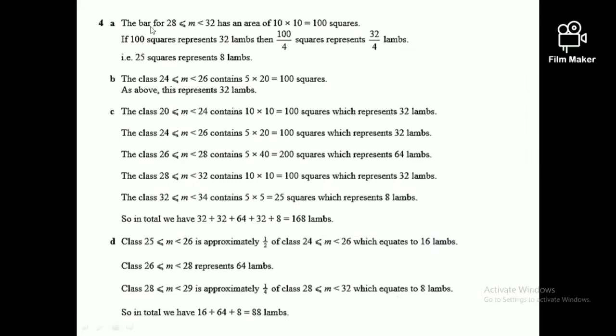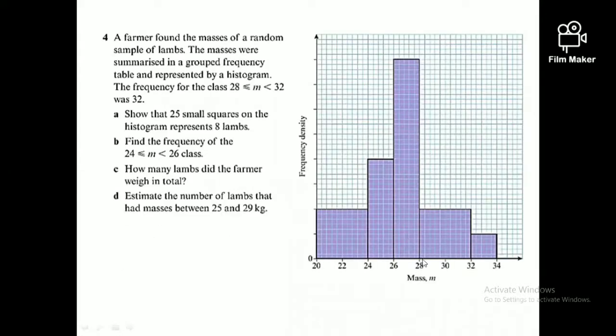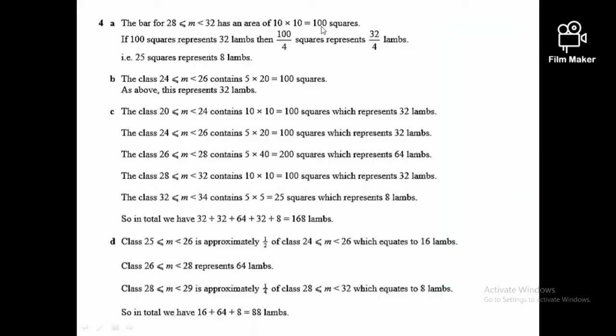Part A. They mention for the bar of 28 to 32, the area is 10 into 10. Here you can see, here to here there are 10 boxes, and here to here there are another 10 boxes. Altogether there should be 100 boxes.